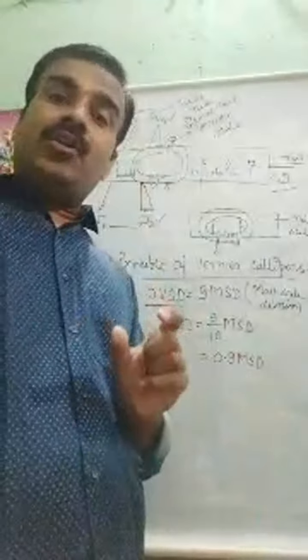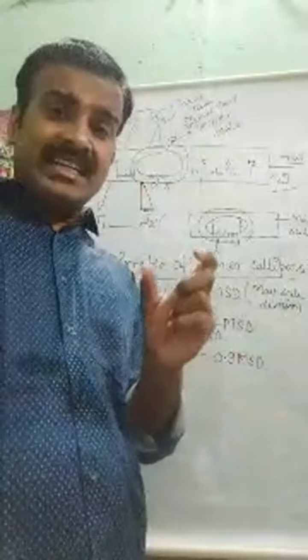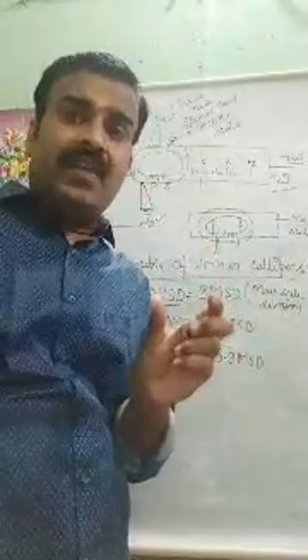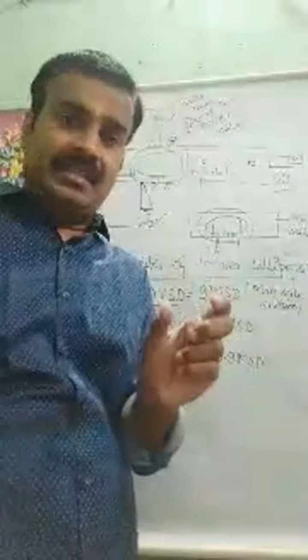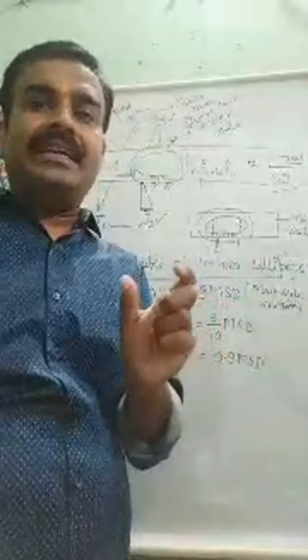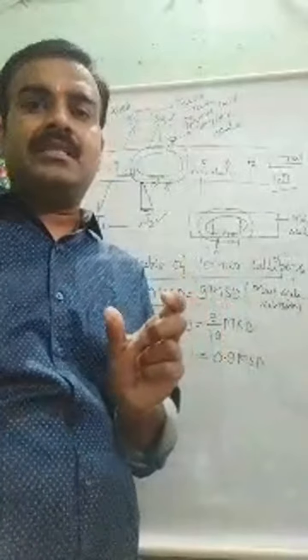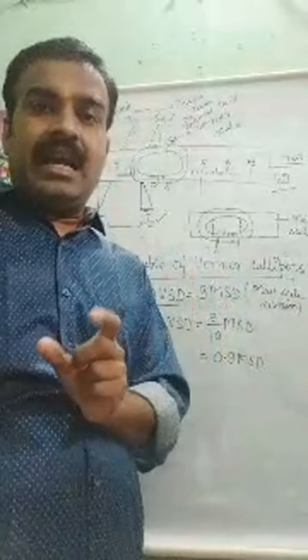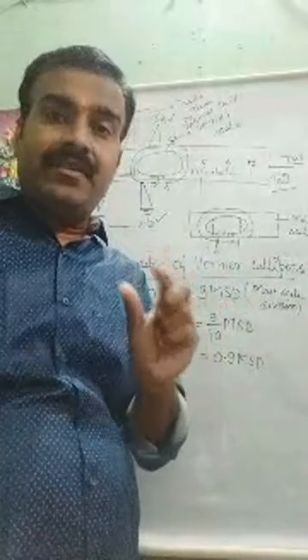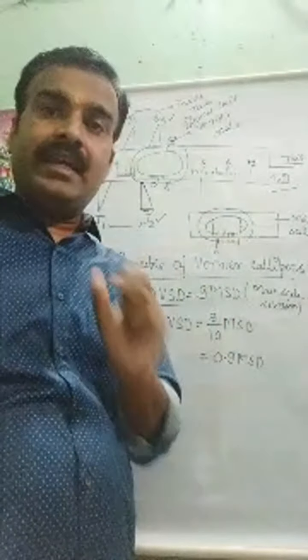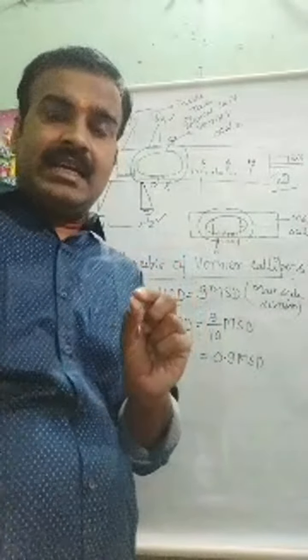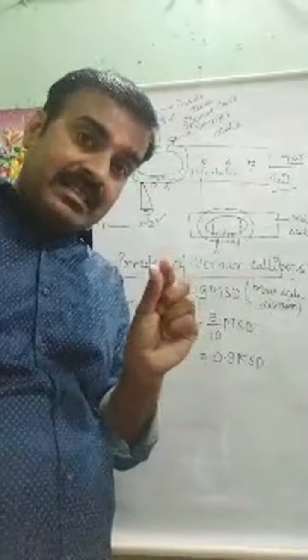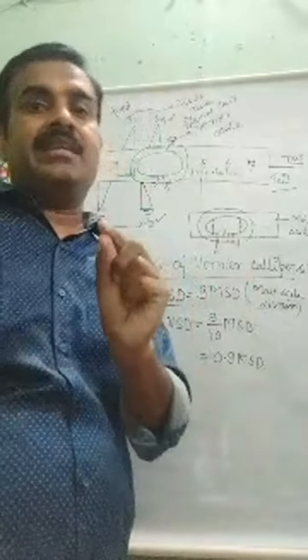Now we already know each centimeter consists of 10 divisions, and if there are 10 divisions, then each division is 1 millimeter.